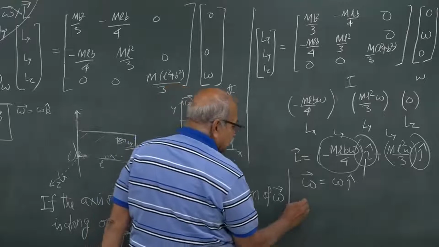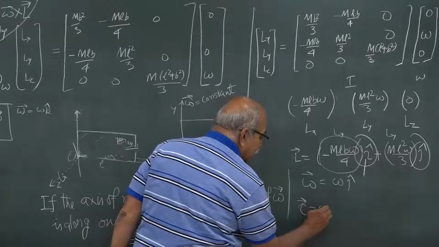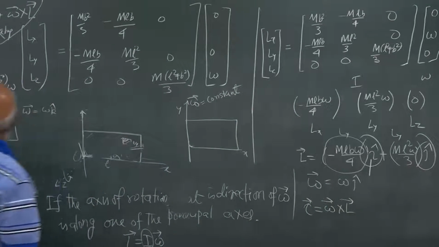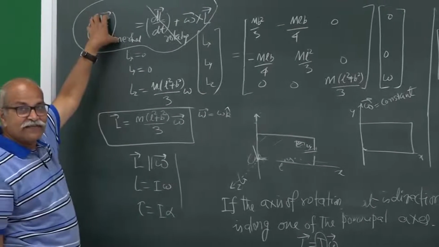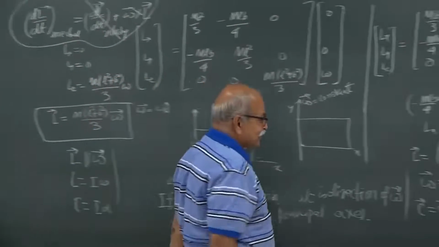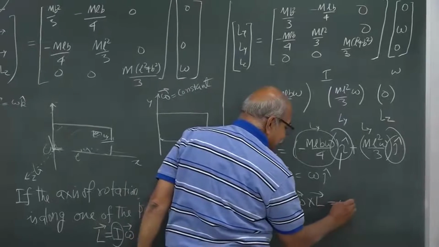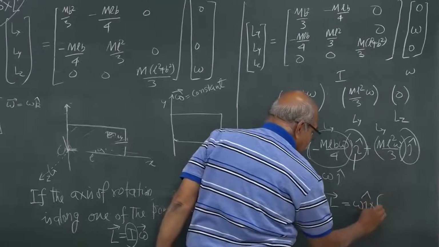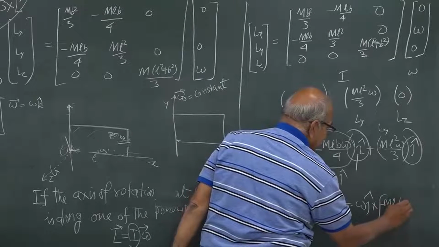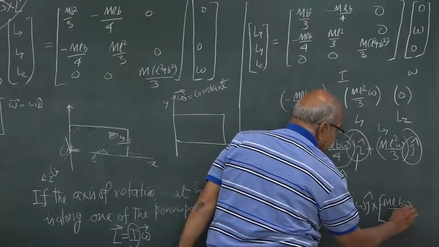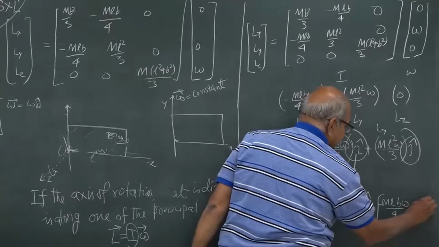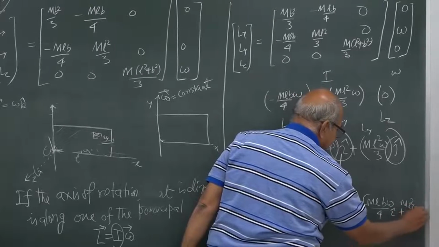Simple. Torque is equal to omega cross L. This is torque in the inertial frame of reference, dL/dt is torque, is equal to omega cross L, is equal to omega j cap cross L, this L here: minus m L b omega by 4 i cap plus m L square omega by 3 j cap.